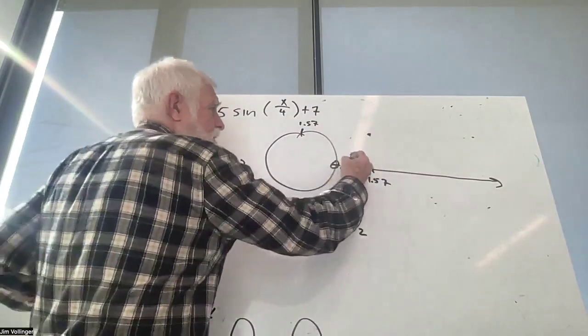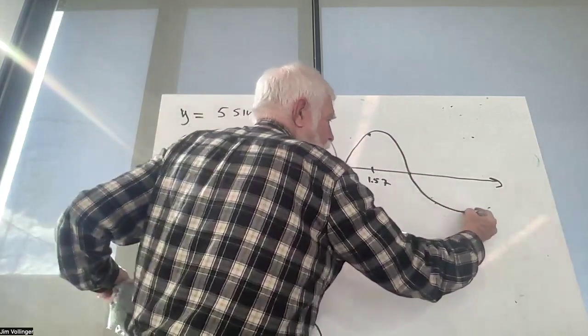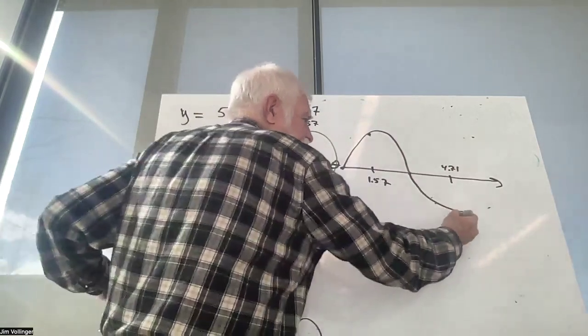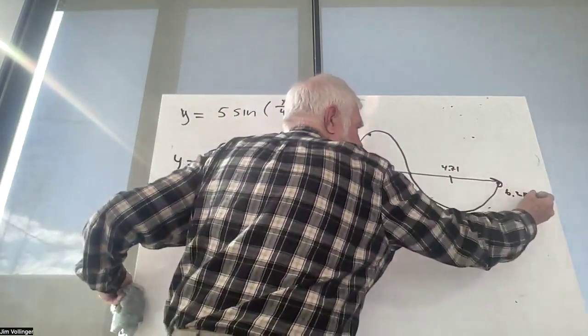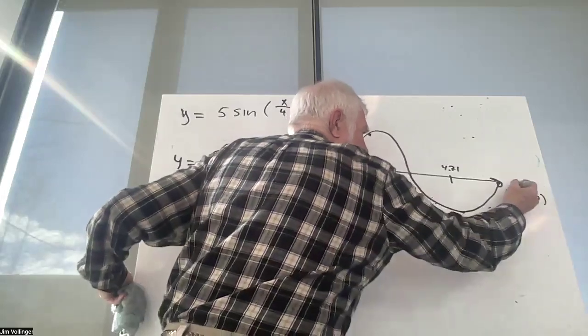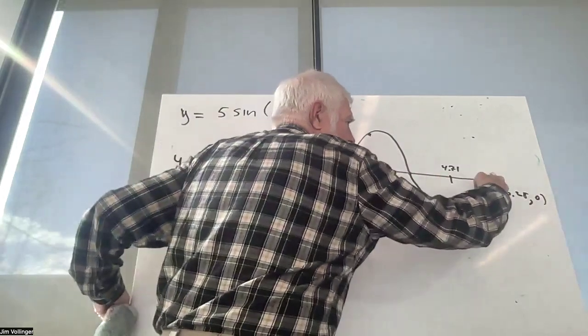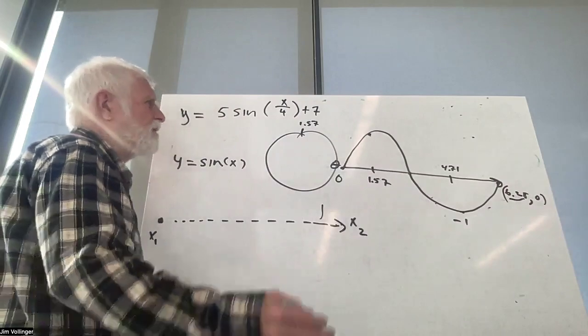Okay, so we start at 0, height of 1, 3.14, back to 0, 4.71 radius lengths takes us to -1, and then we come back 6.28 radius lengths later, back to 0. So how far is it from 0 to the end of one revolution? 6.28 units, but we don't say 6.28, we say 2 pi.